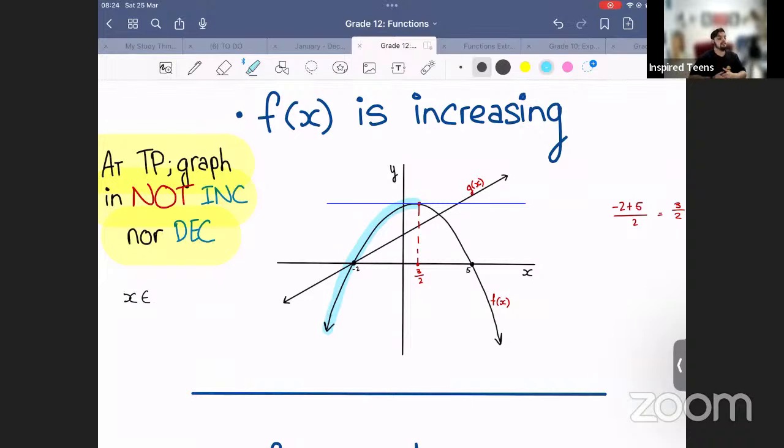So in this graph, can someone tell me what is the most left value of the highlighted region, that is, of the part of the graph that's increasing?